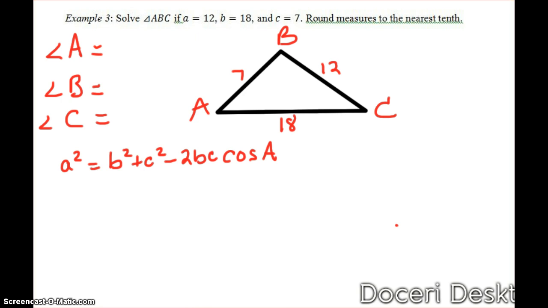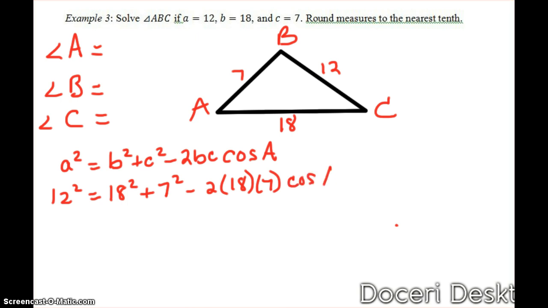And we'll fill in what we have. Now because we're missing an angle, we're going to find an angle. Eventually we're going to use that inverse cosine, so that's important here. Side A was 12. Side B was 18, and side C is 7. So we have 2 times 18 times 7 times the cosine of A. I'm going to do a little bit of simplifying.